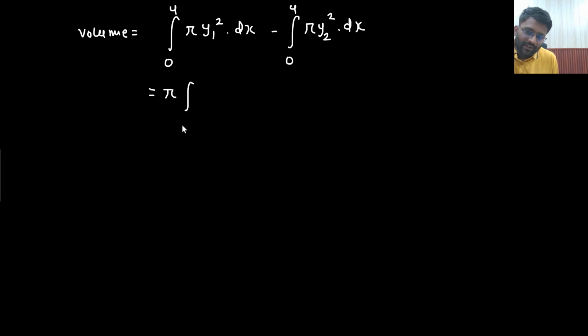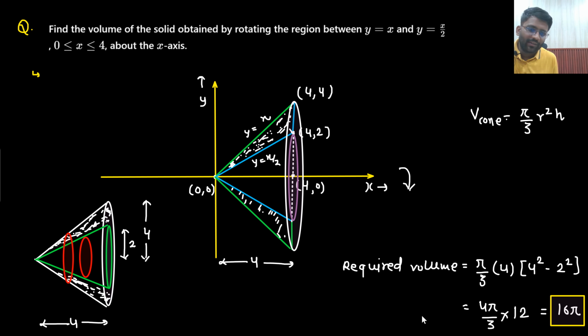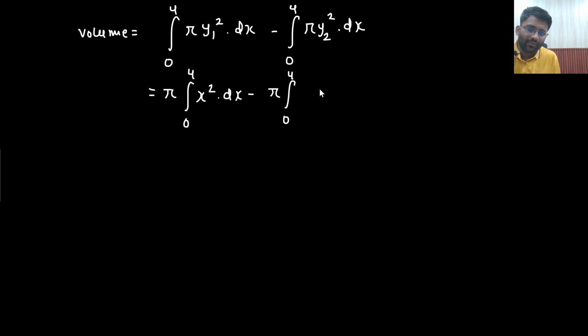Pi comes outside. The value of y1 is x, so x square dx, minus the integral from 0 to 4 where the value of y2 is x by 2, so (x by 2) square dx.